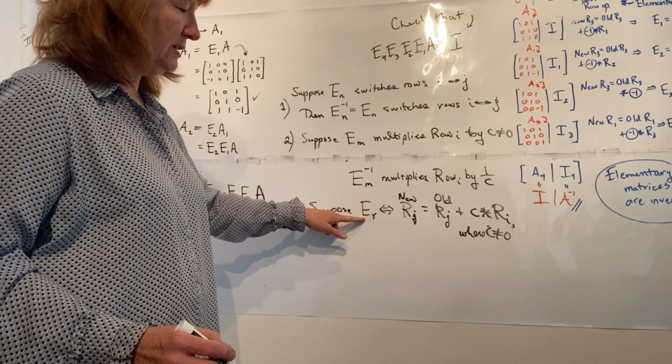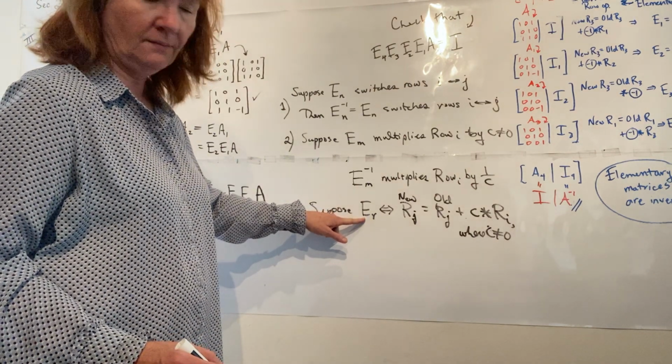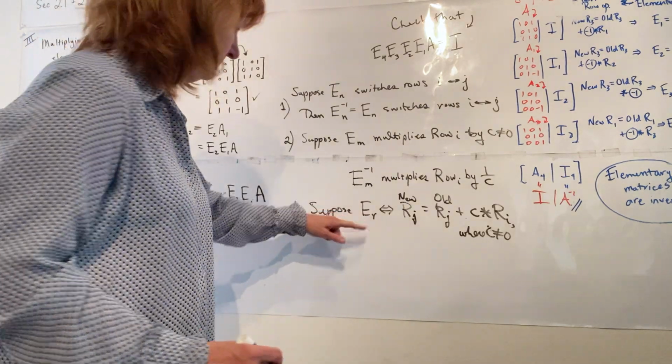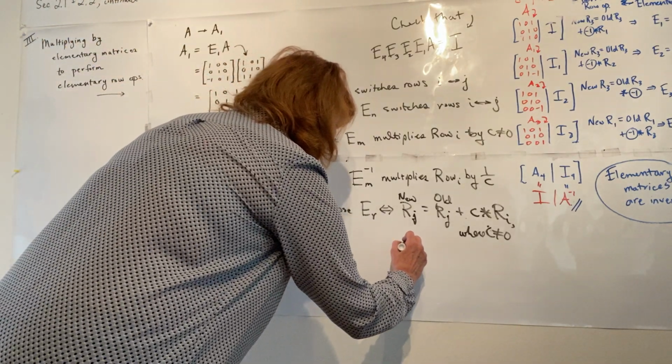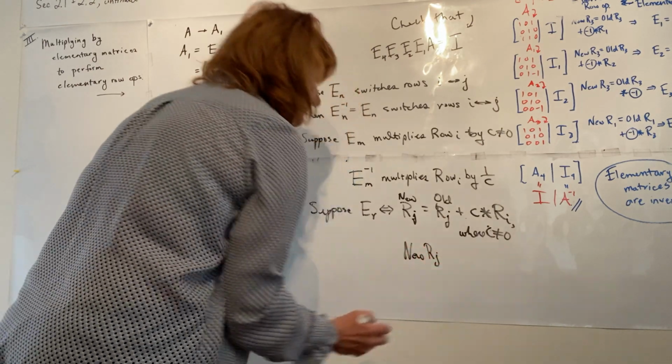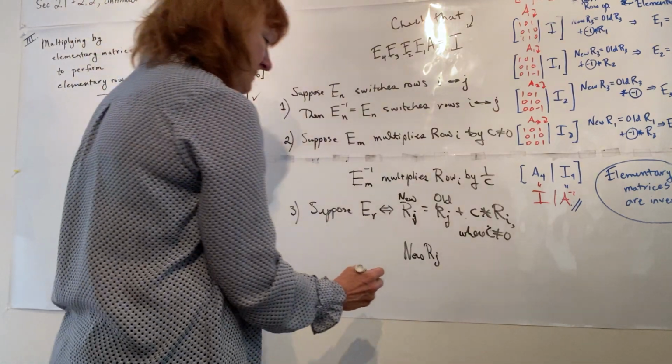Suppose this elementary matrix does it. What would undo that? Well, let's see, that would have to be, again, new row J. I'm going to put that one back, right?